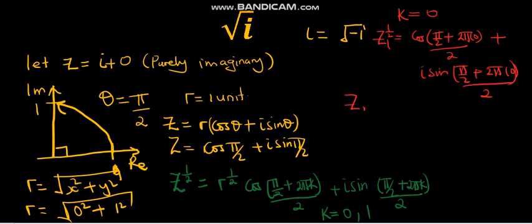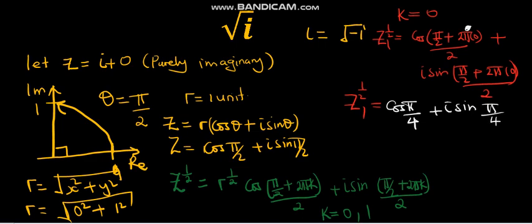So z1 to the half is equal to, what is cos of pi over 2 plus 2 pi 0 over 2? So we shall know that this one will vanish to 0, and we shall remain with pi over 2 divided by 2, which is cos pi over 4, plus i sine of pi over 2 divided by 2, which is pi over 4.